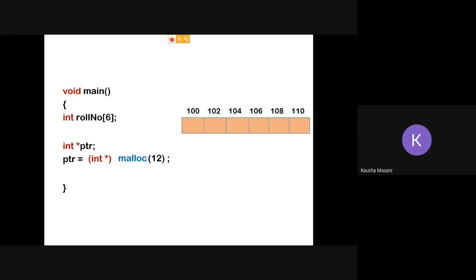So let's say the 12 bytes are assigned. If you go one step deeper, the addresses are 100, 102, 104, 106, 108 and 110. The pointer of your malloc 12 will be pointing at the first memory address.